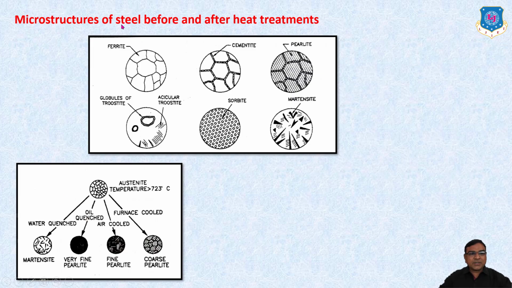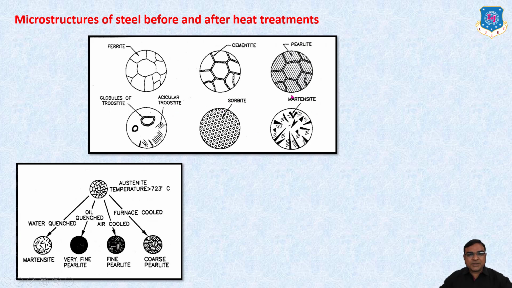Here is the microstructure of steel before and after heat treatment. This is a ferrite microstructure, cementite, pearlite. Before heat treatment, these are the different structures of steel, but after heat treatment, these are the structures obtained using the heat treatment process: globules of troostite, sorbite, martensite.